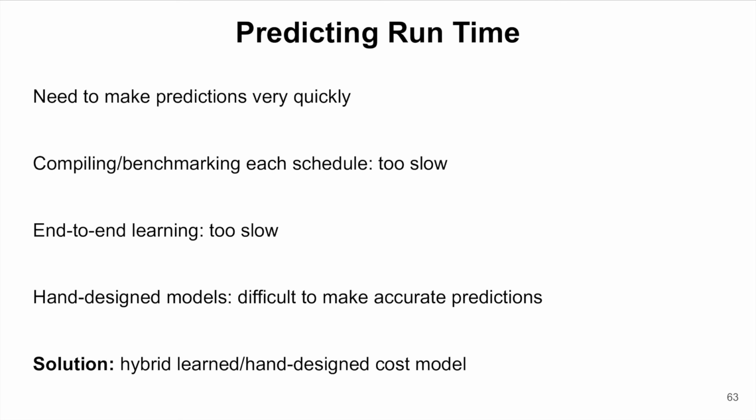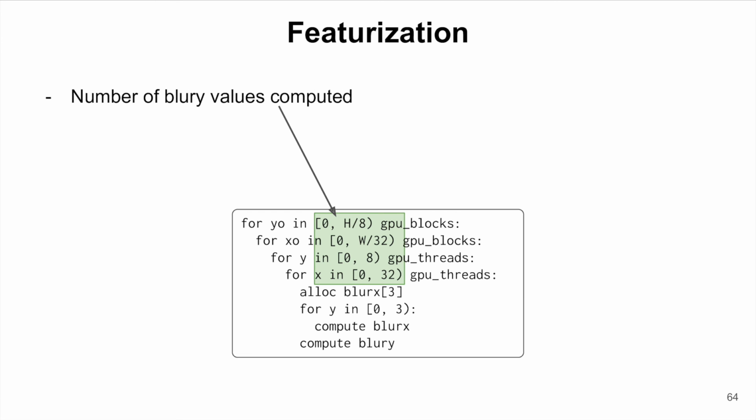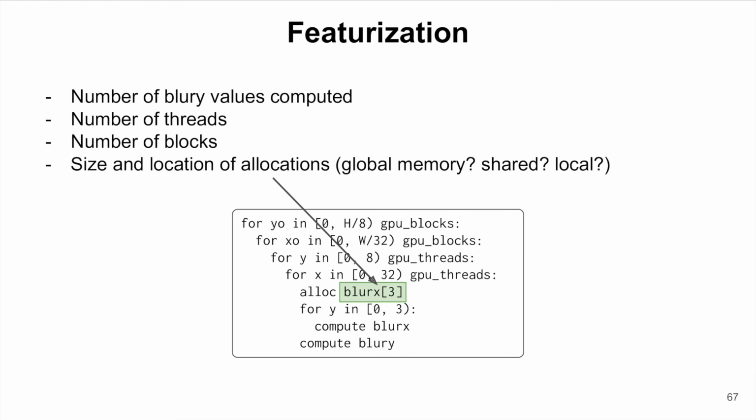We use Halide's built-in analysis tools to compute a set of features from a loop nest and combine them with a hand-designed model that includes terms that we expect will be predictive of runtime. Some of the features include the number of values computed, the number of threads used, the number of blocks used, the size and location of memory allocations, and 65 other features.